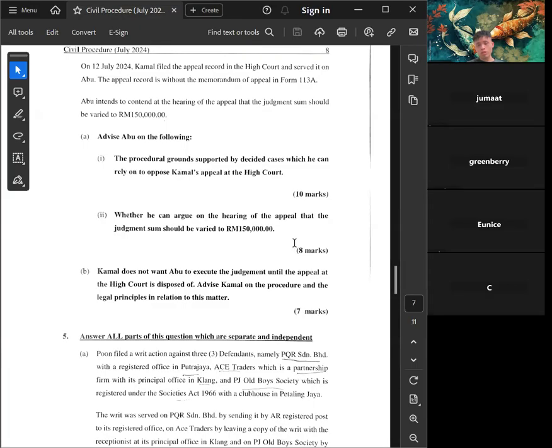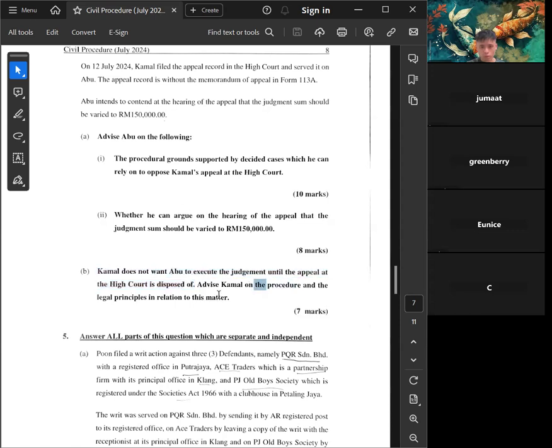A stay of execution basically means you are temporarily suspending a party from executing or enforcing the judgment until the appeal is disposed. So this is the keyword.